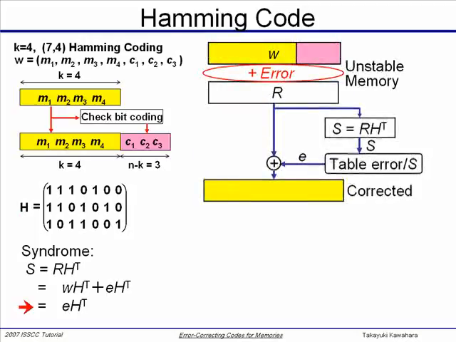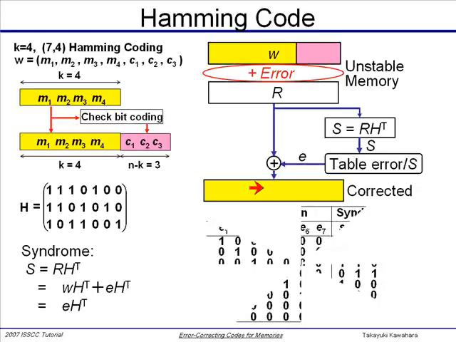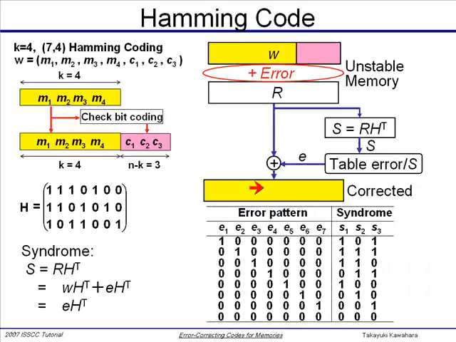Okay, the sequence is the same here: we have the readout data with some error, so we can calculate the syndrome, and as a table, we can correct it. But here, you can see the table of the error and the syndrome.